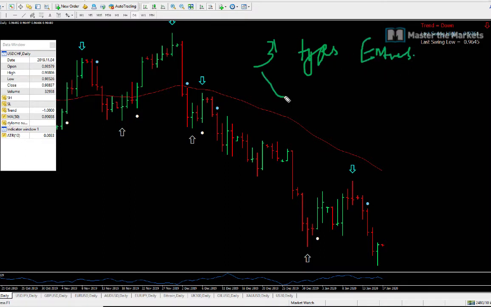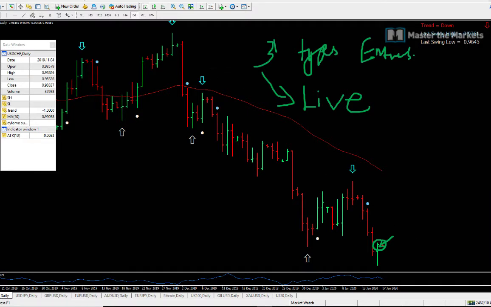Now, the first one is pretty simple. How would you enter into a market? It's called the live entry. So basically that means I'm entering on the close, which is over here, and then I can either buy it or I can sell it, right?